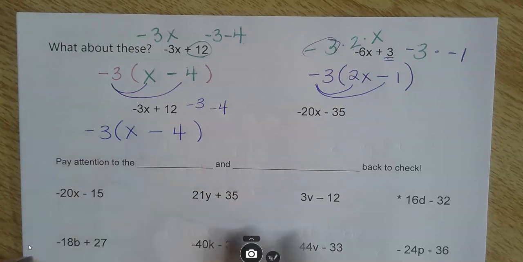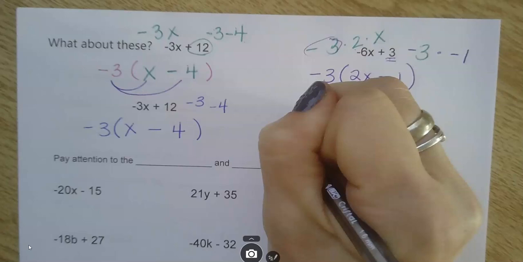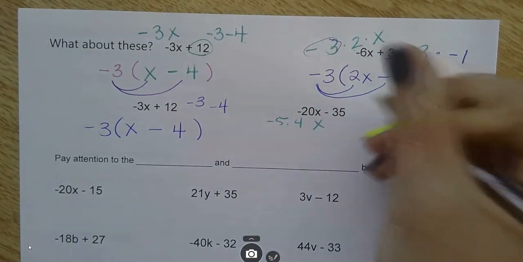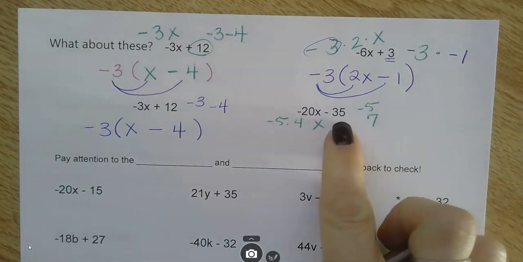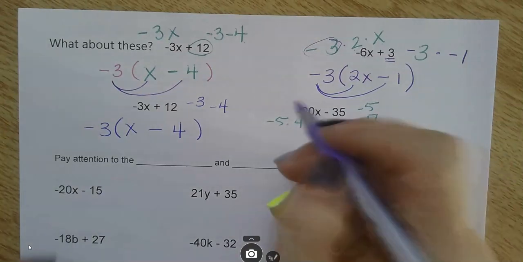Good. This one should be 5, negative 5. I'm going to list my factors out here. Negative 5 times 4 times x there, and negative 5 times 7 to make 35. So I see that they share that negative 5.